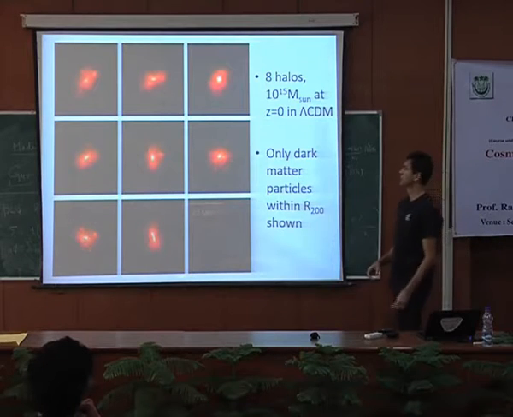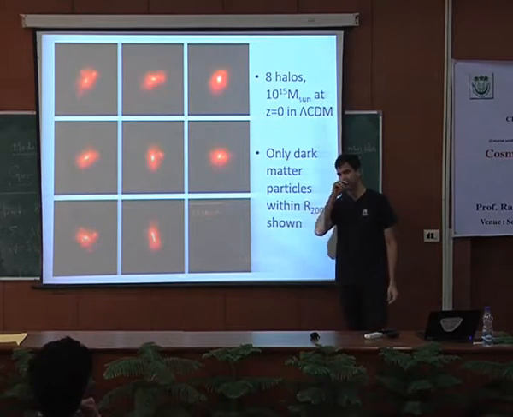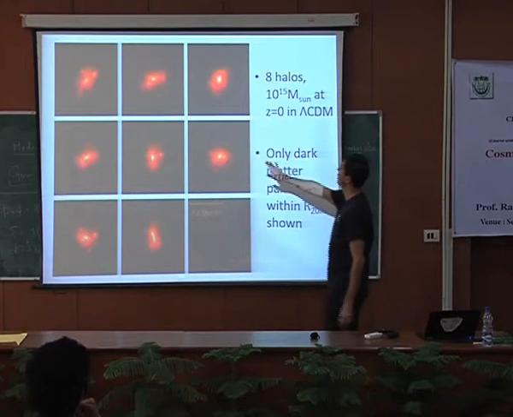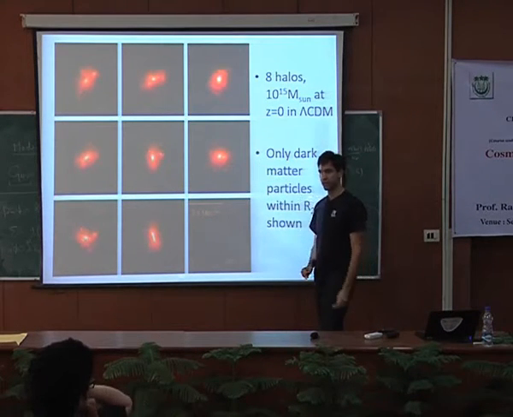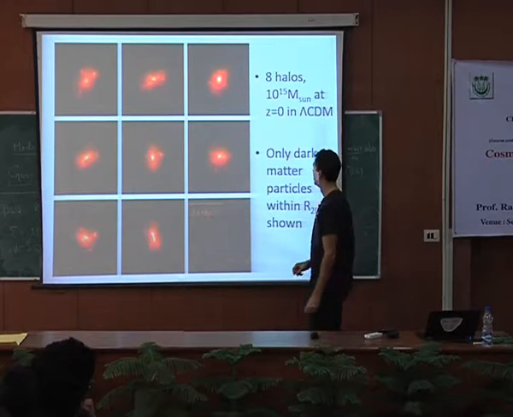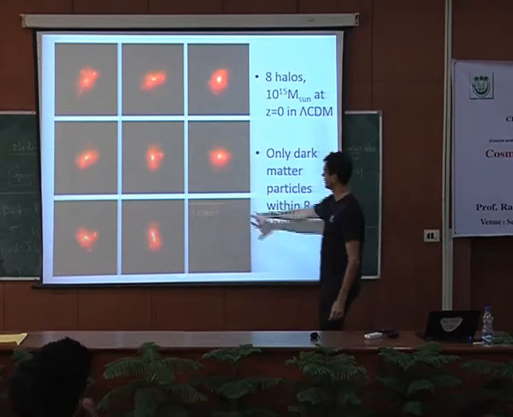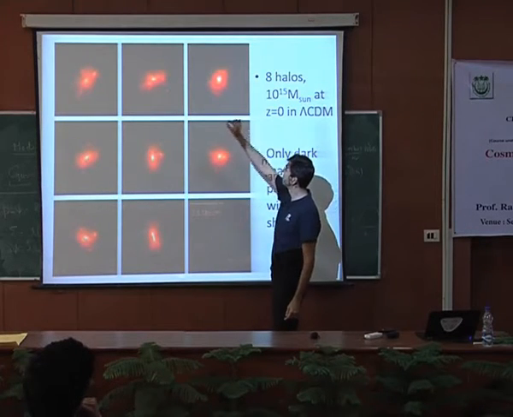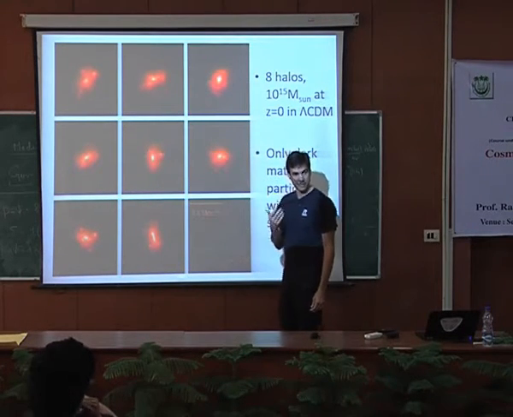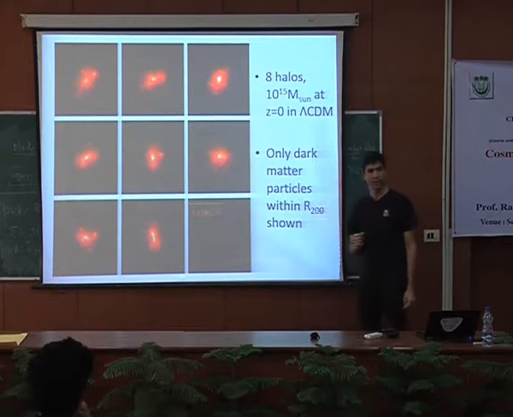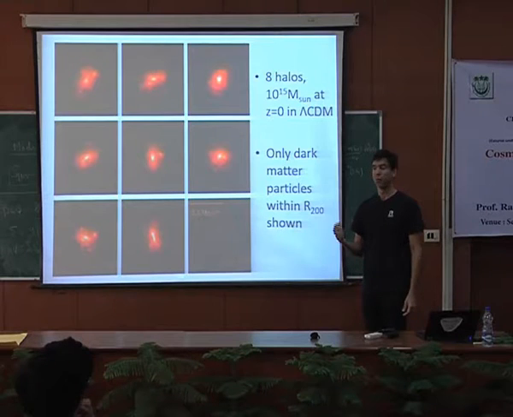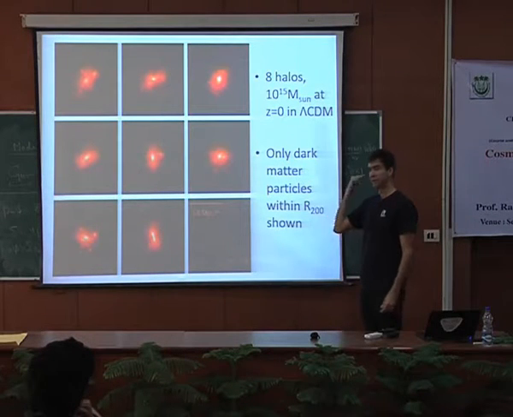So a quick thing, I showed some of you this picture before and I commented on it earlier, but let's quickly look. So these are the 8 different halos at redshift 0. The size is 2 megaparsecs. So look at the central piece, the central 20 kiloparsecs, the central 1%. We'll take those particles and we'll ask, where were they at redshift 1?